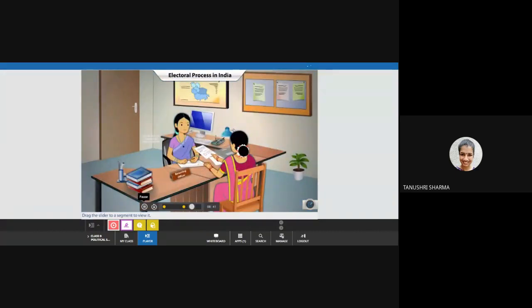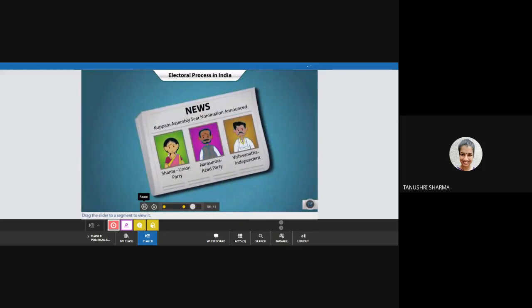The nomination form was carefully scrutinized by the returning officer appointed by the Election Commission to supervise and conduct election in each constituency. After this, her nomination papers were accepted. Later, the Election Commission announced the names of all the candidates from the constituency.